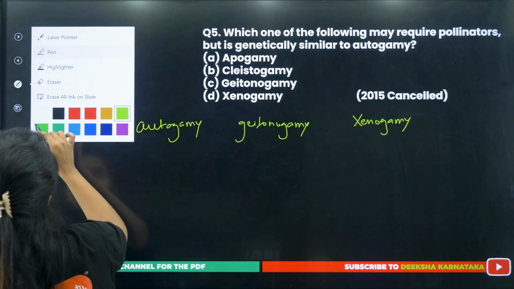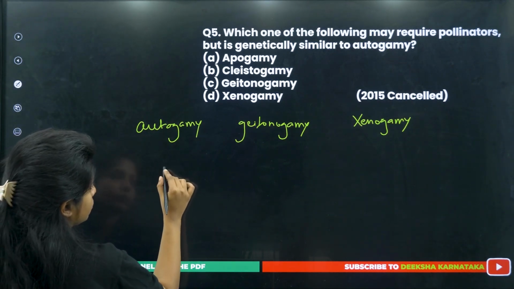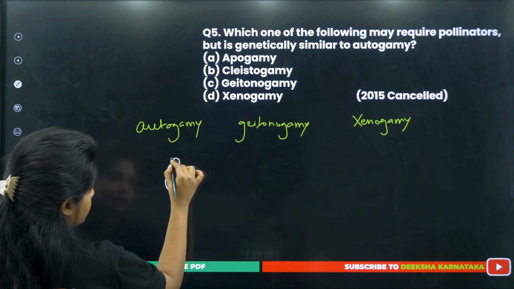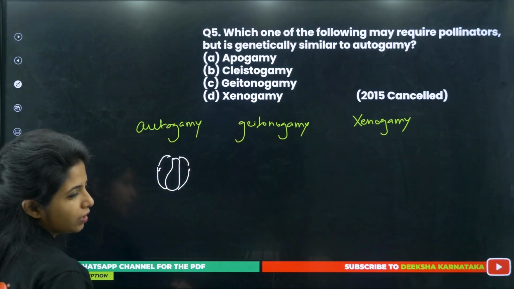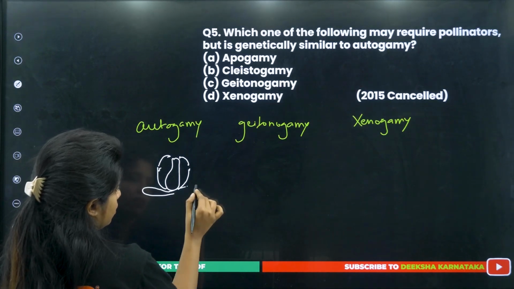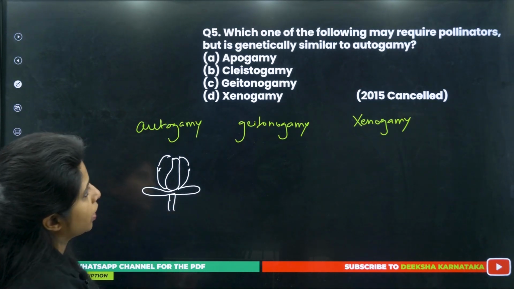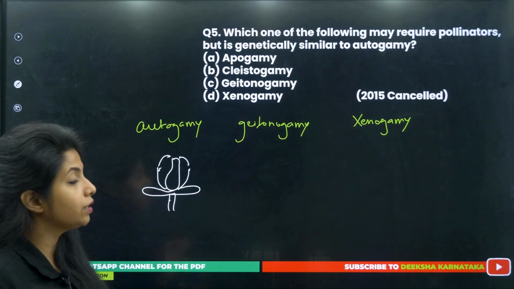Now in autogamy, the stigma is here, the anther is here, from here to here. Definitely it's not like you definitely need pollinators. Things can happen like that also, but okay. You are saying it requires pollinators for sure.